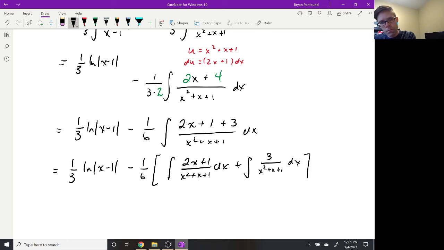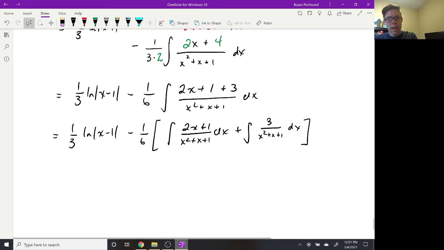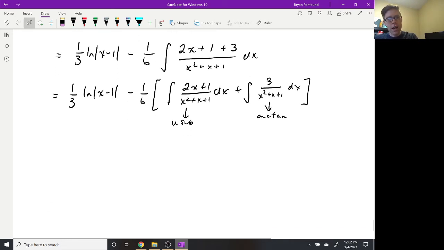Okay, so kind of breaking apart that upper integral into two bits. And the reason I do that is so that I can keep going with the u sub here. And then because there's just a single number on top of this one, I might be able to force this one through with an arctan kind of integration, okay? That's my thought anyway.